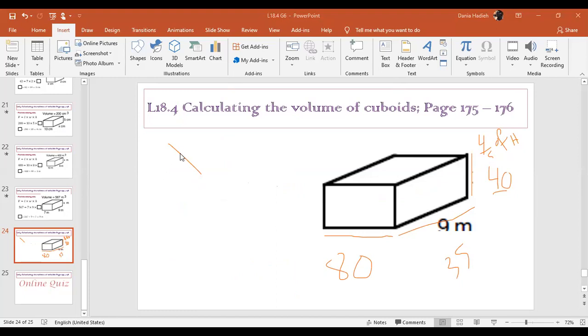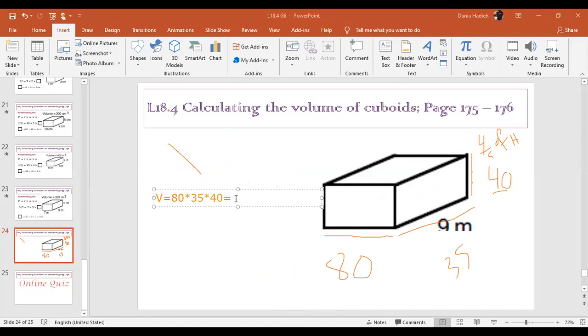If I want to find the actual volume, and this is how I solve it for you in the homework, 80 times 35 times 40, which going to give you, let's use the calculator for that, 80 times 35 times 40, which actually equals 112,000.